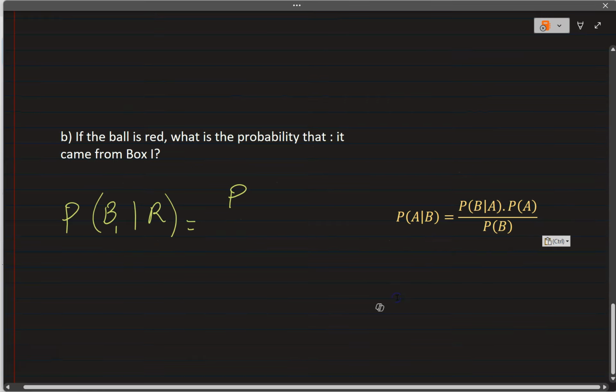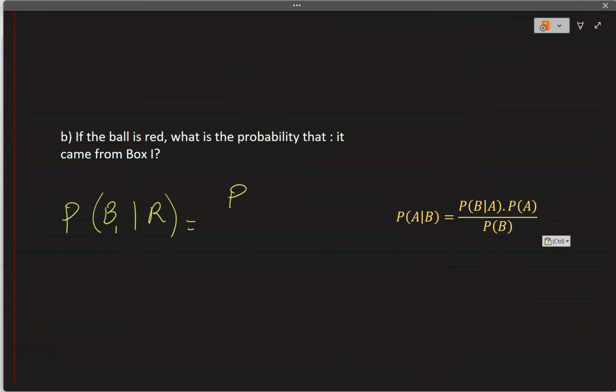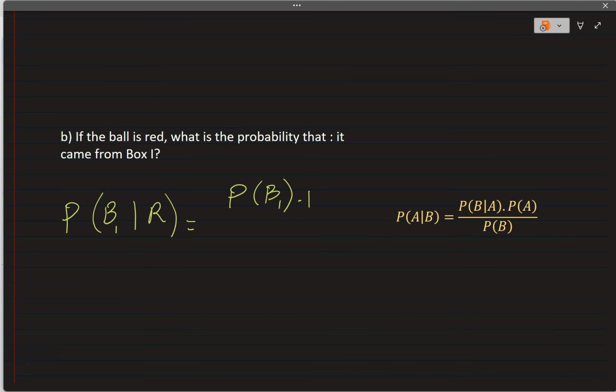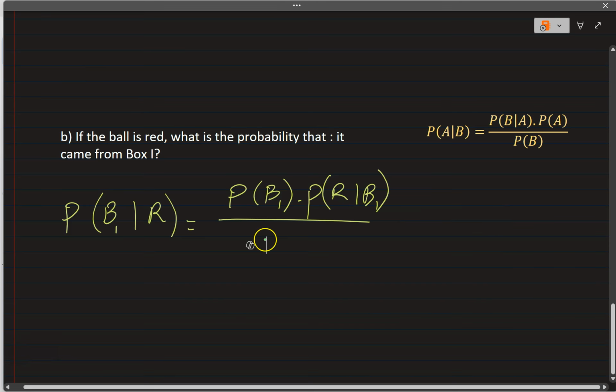I'm going to follow this: the probability of being in box 1, given that it's red. So here we go: the probability of being in box 1, which is B1, times the probability of being red and in box 1, divided by the probability of red. That's what we have in conditional probability for Bayes' law.